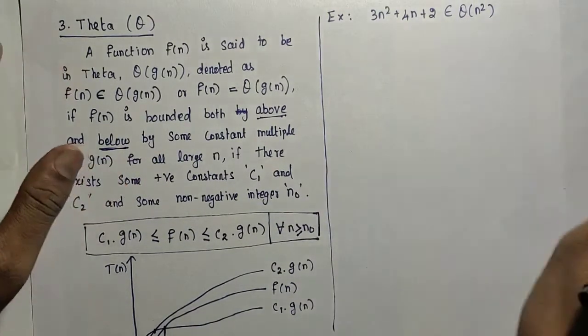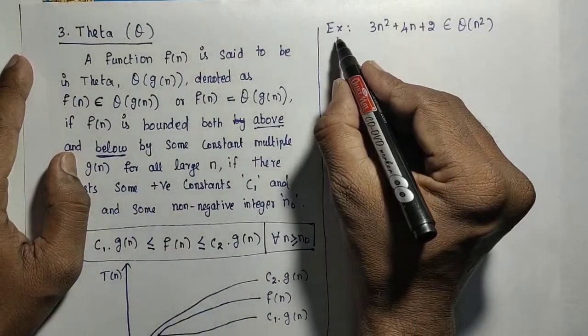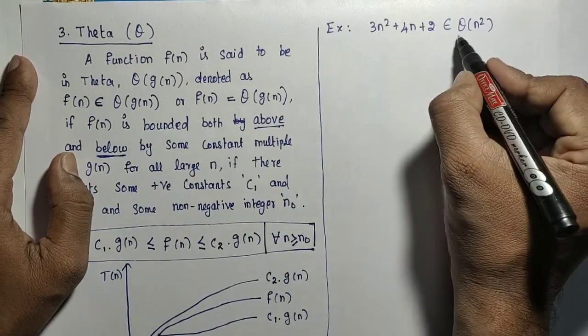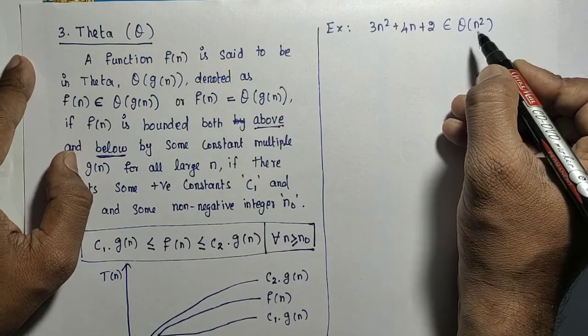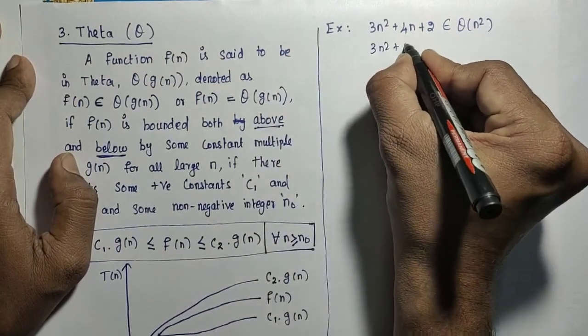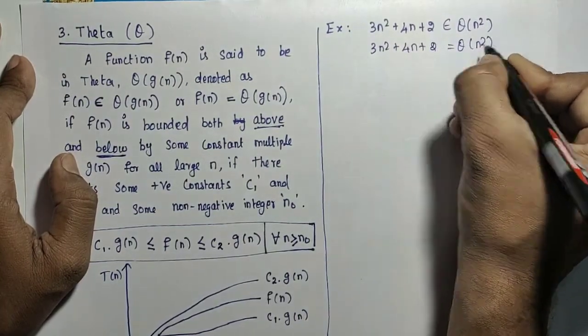For example, consider 3n squared plus 4n plus 2 belongs to theta of n squared. That is what we have to prove: 3n squared plus 4n plus 2 equal to theta of n squared.